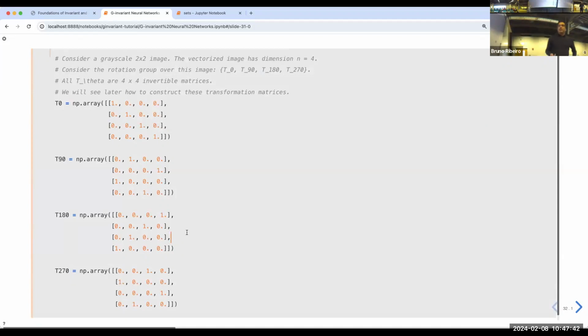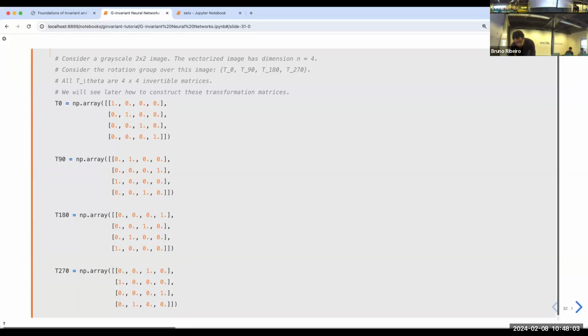So here I have our rotation, 90 degrees. We have 4 pixels here. So the transformations are 4 by 4, and these are rotation matrices for the image.